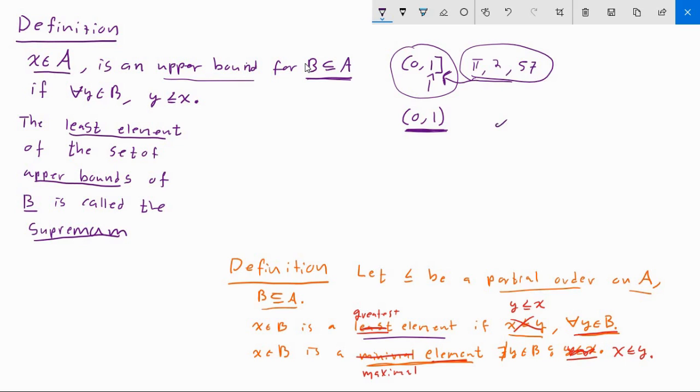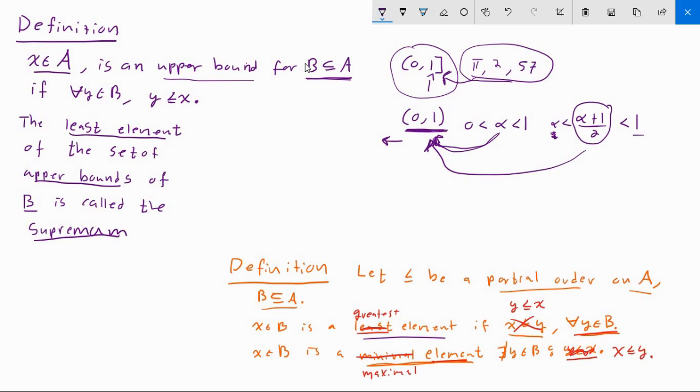If one were to take any number alpha that was less than 1, well, either it's less than or equal to 0, in which case it's certainly not an upper bound for this set, or it's at least 0, so that says that alpha lies between 0 and 1, that must mean it lies inside the set from 0 to 1. Well, if we were to simply take alpha plus 1 divided by 2, this lies between alpha and 1. So alpha could not be an upper bound because we can certainly find a real number that lies between alpha and 1, and so it also belongs to this set.